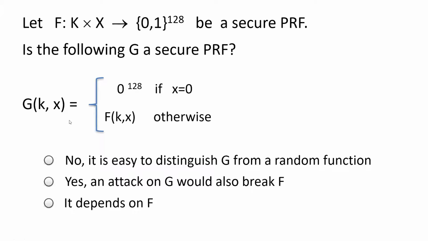So let's say f was a secure PRF. If somebody chooses k at random, no matter what x's the adversary chooses to query, when he gets f_k of x, he cannot tell this from random. What about g, the modified f?